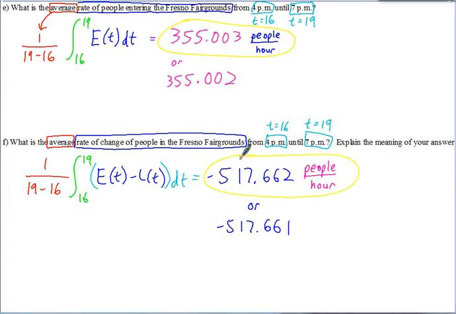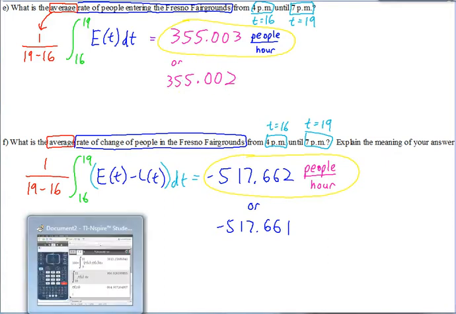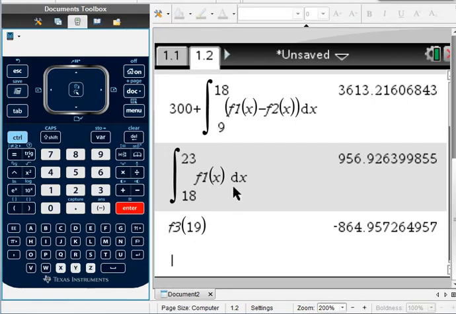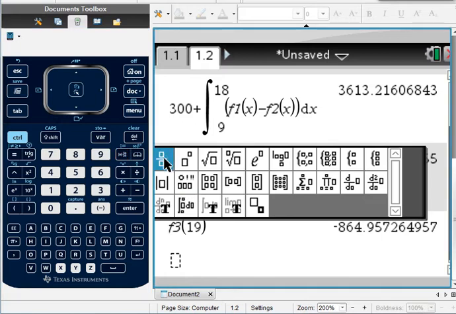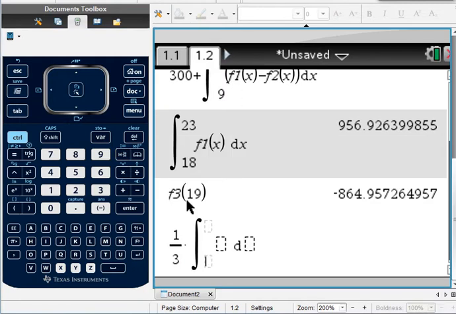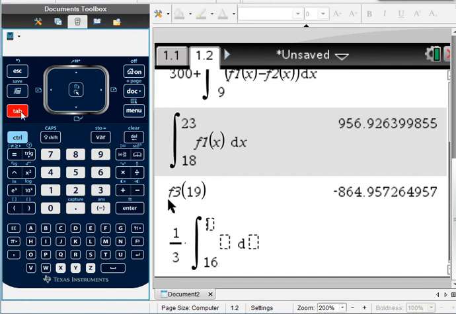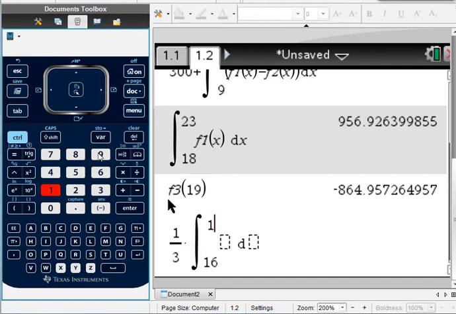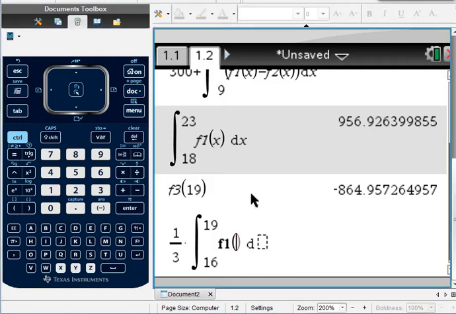Now let's do the same calculation using the Inspire for both of these. So for part A, you could just put the 1/3 on the outside, times the integral from 4 p.m., which was 16, to 7 p.m., 19, and the first one was just E of t, so that would just be f1 of x.